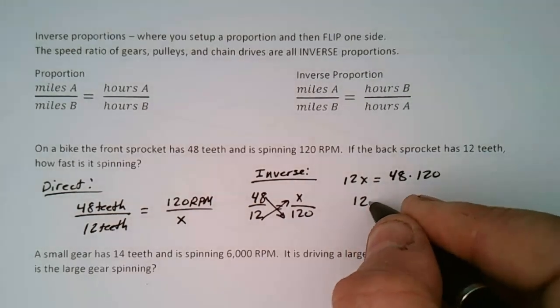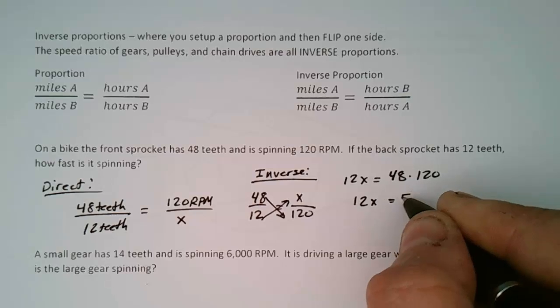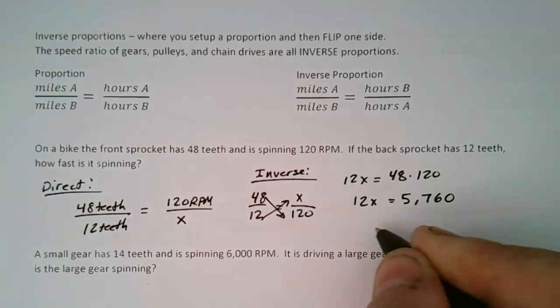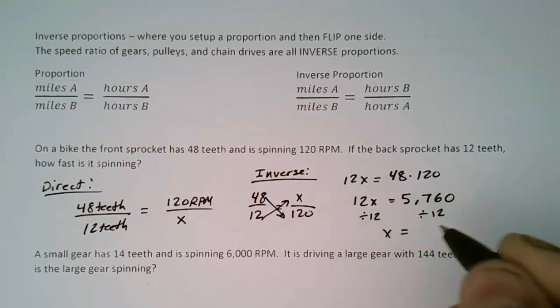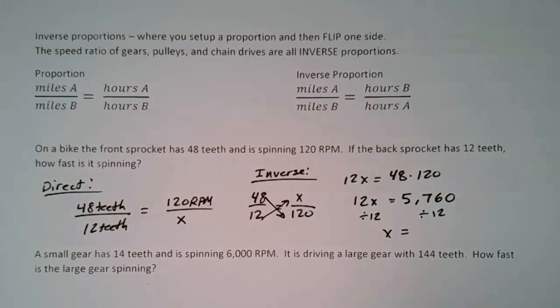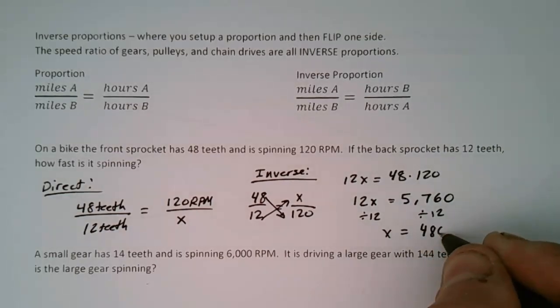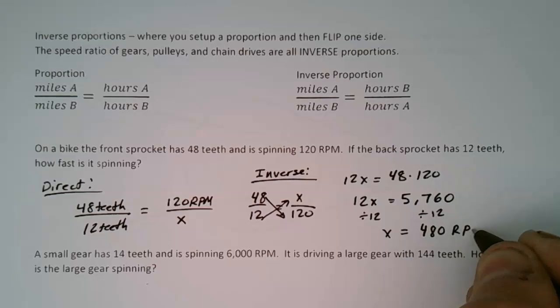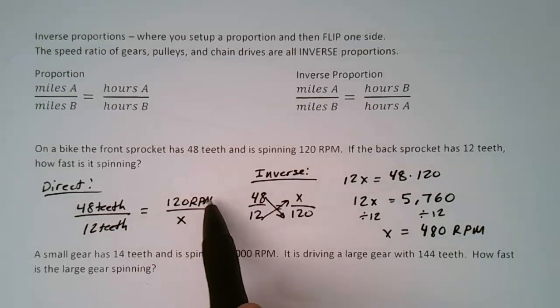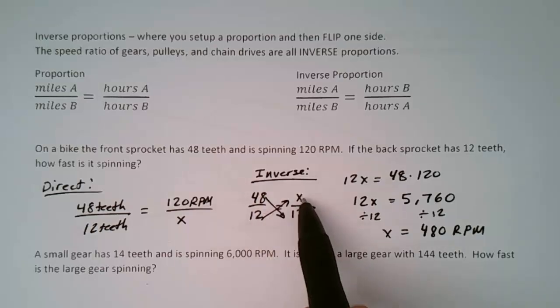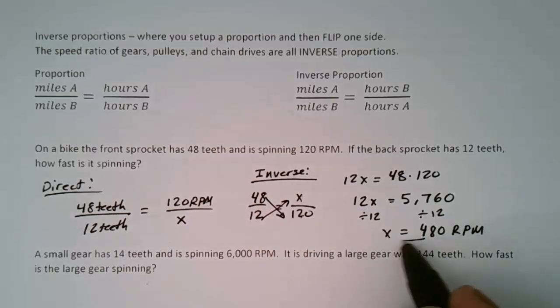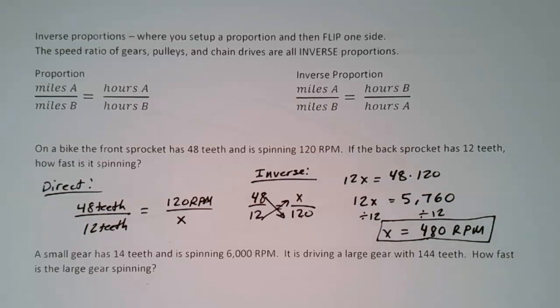So that's 12x equals 5,760. Divide both sides by 12, and you get x equals 480. And since the 120 was RPM, you get teeth over teeth, RPM over RPM, so x will be in RPM.